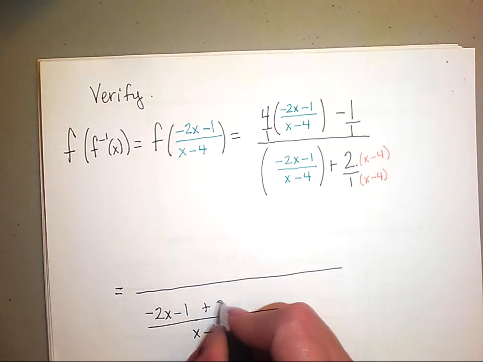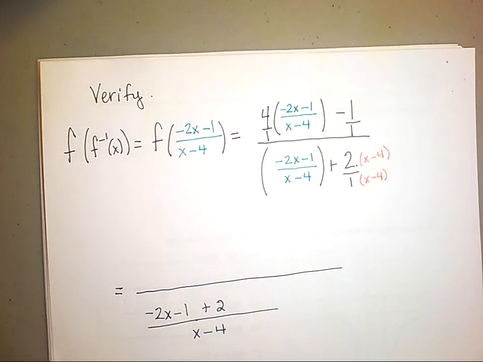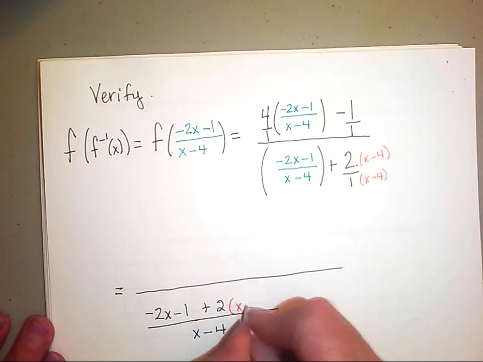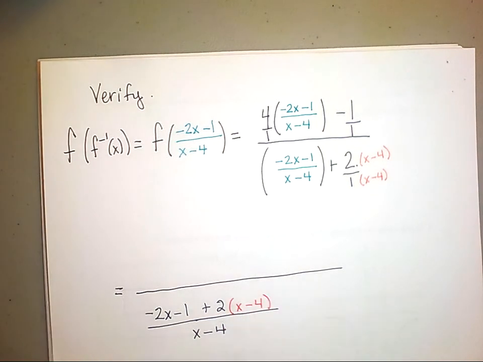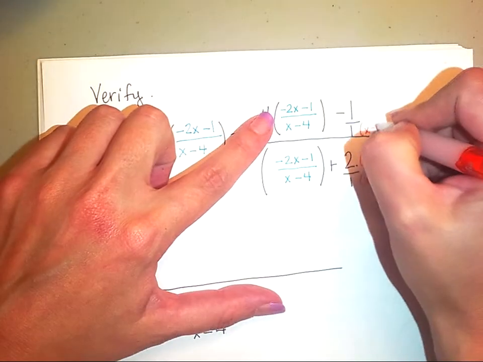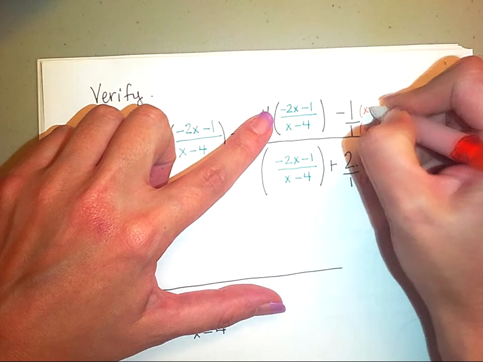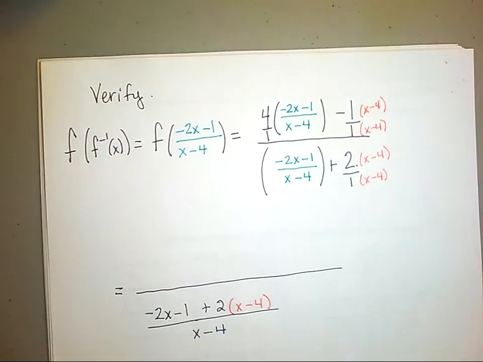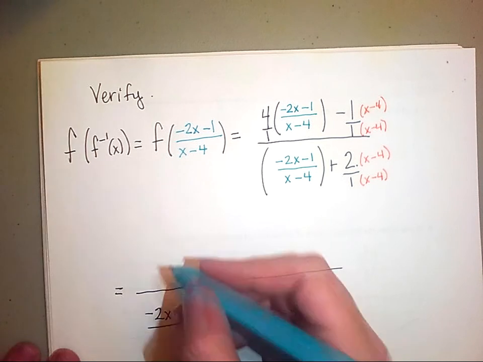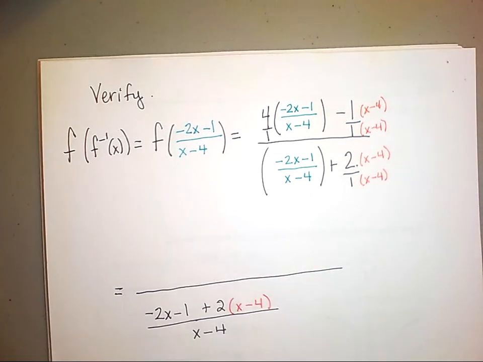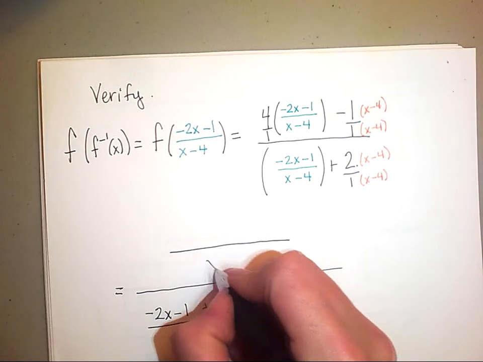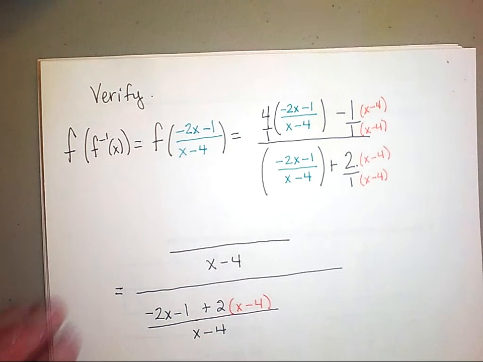Then I'm going to add to it the 2, and remember that that has to be multiplied by the x minus 4. Now, x minus 4 is going to be the common denominator for up top as well. So up top, I also have a common denominator of x minus 4.